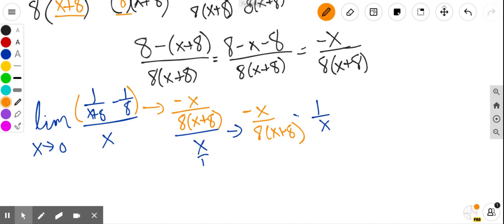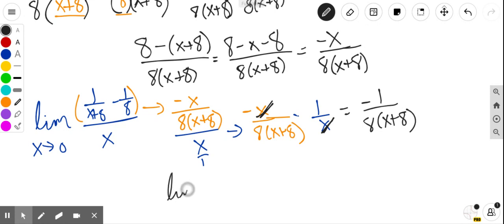And because we remember how the multiplication works, we can just go ahead and cancel this x and that x. So we end up with a negative 1 over 8 times an x plus 8. So we're really finding the limit as x approaches 0 of negative 1 over 8 times x plus 8.